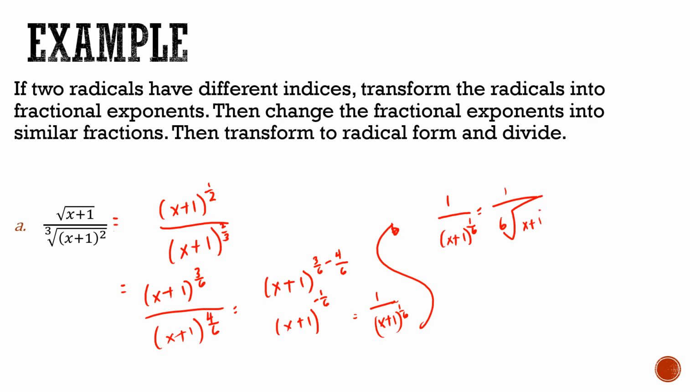But since there is a radical in our denominator, we need to multiply the numerator and denominator by the 6th root of x plus 1 to the 5th power over the 6th root of x plus 1 to the 5th power. So we rationalize the denominator. So our final answer now is the 6th root of x plus 1 to the 5th power over x plus 1.